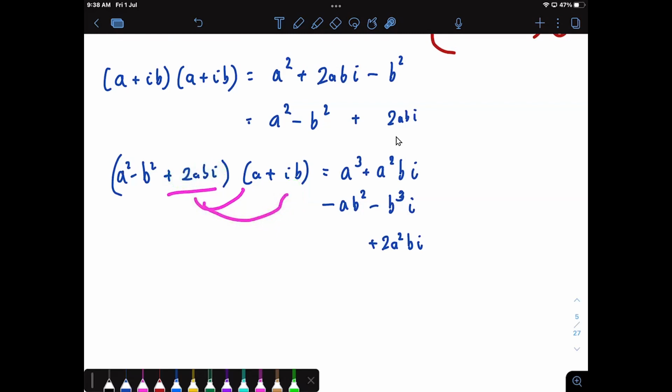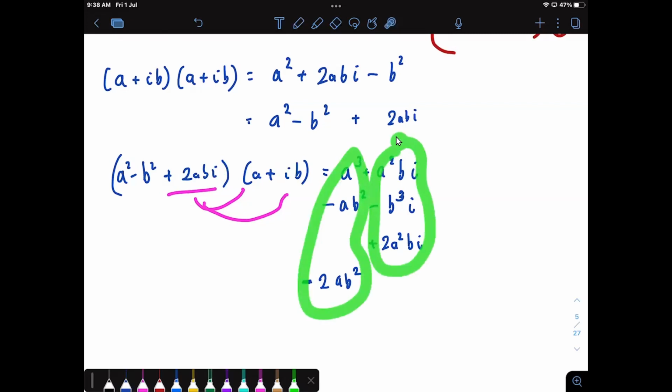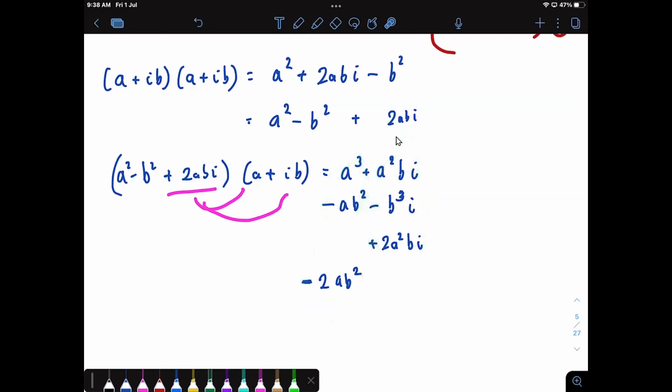So 2AB times B gives you 2AB squared, positive. But then you've got I times I, which is negative 1. So minus 2AB squared. Now I've got all my real parts and all my imaginary parts separated. Yeah, so you could do that. That's a bit slow, and I don't know if I made any careless mistakes or not. Let me just check with the answer later. On the left side, close the bracket.